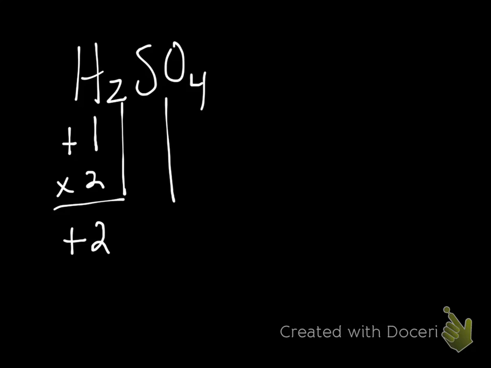What's the rule about oxygen? Yeah, as long as oxygen is not bonded to a halogen or in a peroxide, it's got a -2. Okay, so that times 4, we have -8.